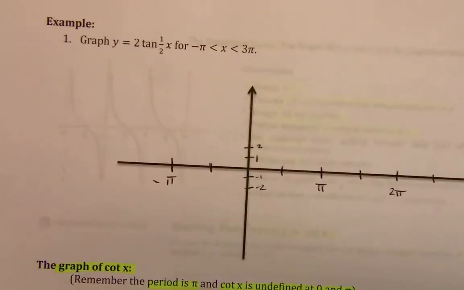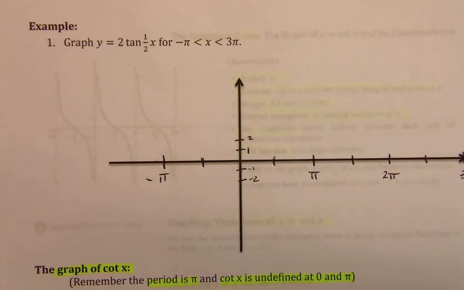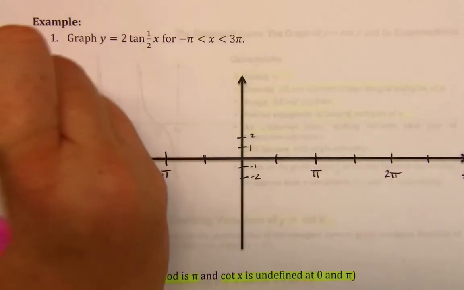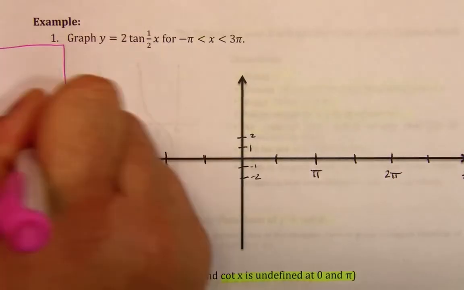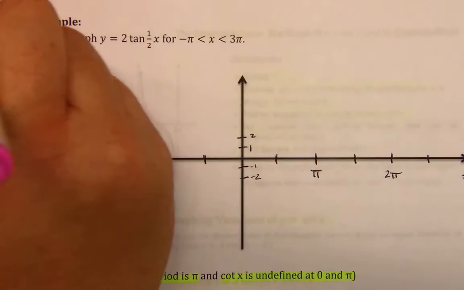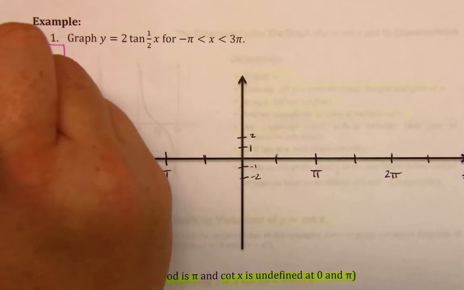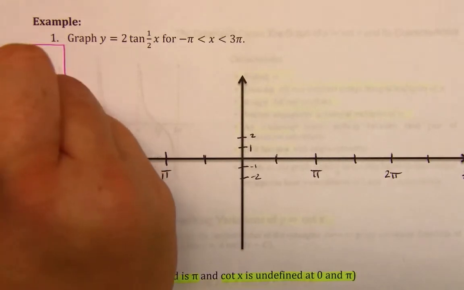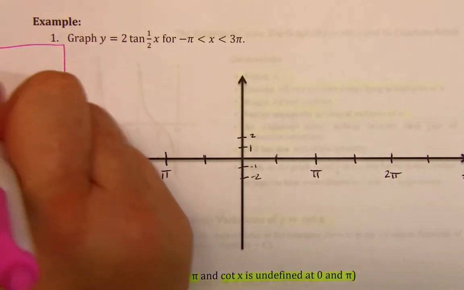So let's look at an example here. It says graph 2 tangent 1/2 x from negative pi to 3 pi. Okay. So the first thing we're going to do is draw our little box over here. And we have absolute value of A, our period, our phase shift, and our vertical shift.